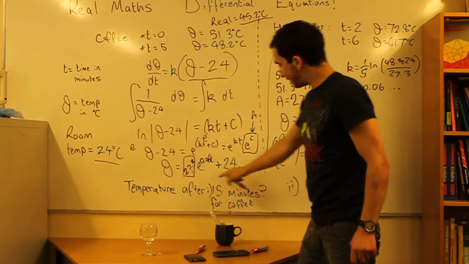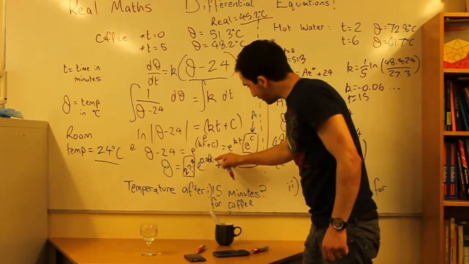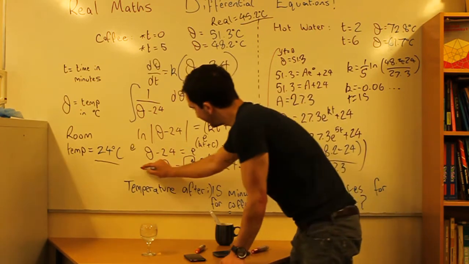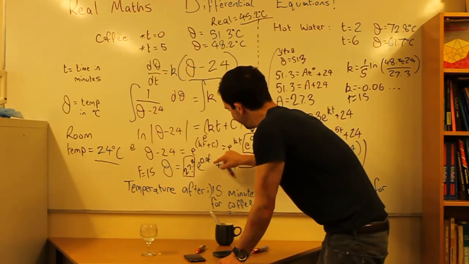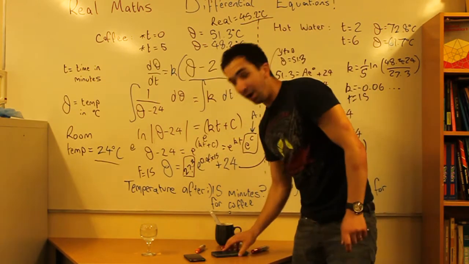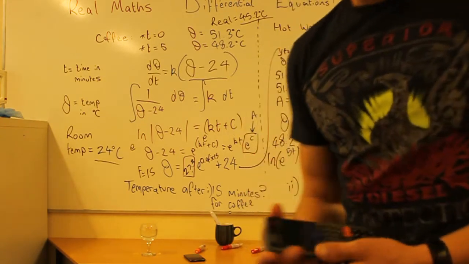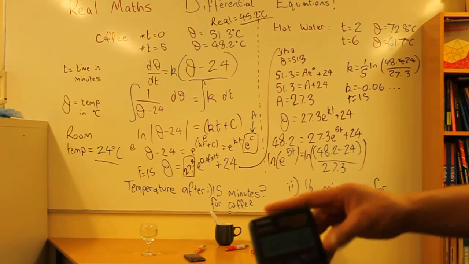Let's see what our estimated temperature is going to be. Okay. All we need to put in is t as 15 for the moment of truth. If you're at home, you might be able to do this on your calculator already. Hopefully you can see this.